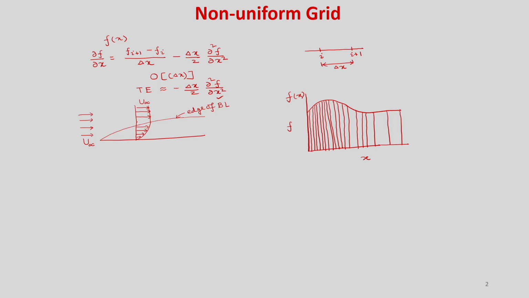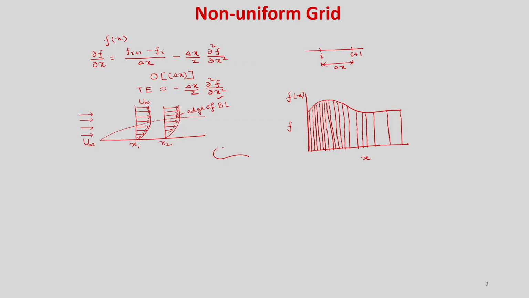If you find del u by del x, it will be more in two different x locations, x 1 and x 2, inside the boundary layer. So near the solid region you need to use a finer mesh, that means smaller delta x, so that you can accurately capture these flow gradients.